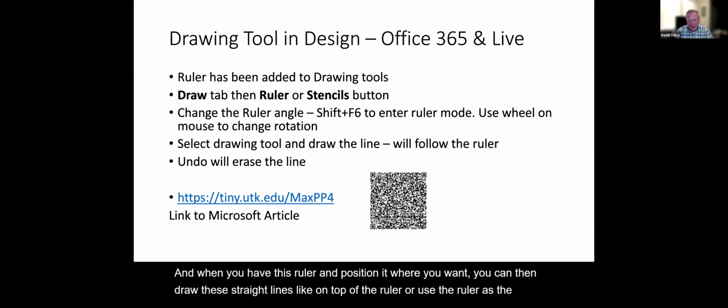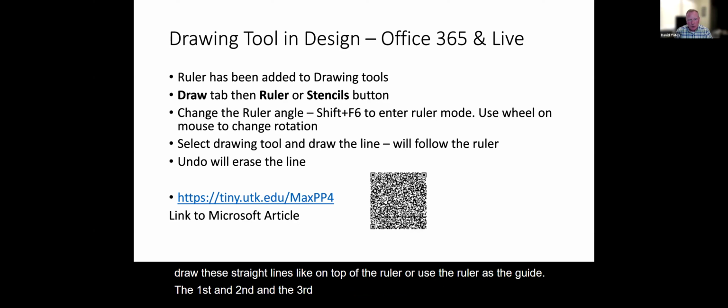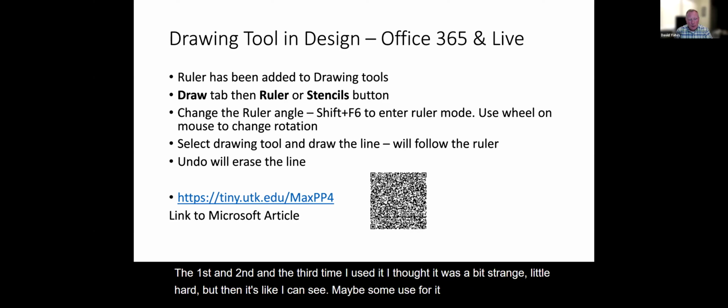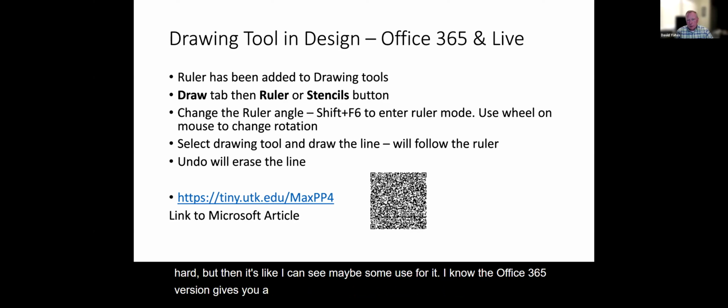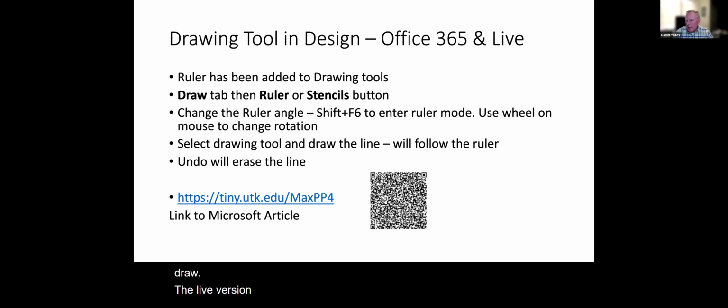The first, second, and third time I used it, I thought it was a bit strange, a little hard. But then I can see maybe some use for it. I know the Office 365 version gives you a few more options on the top of the line that you draw. The live version is a little bit more basic.